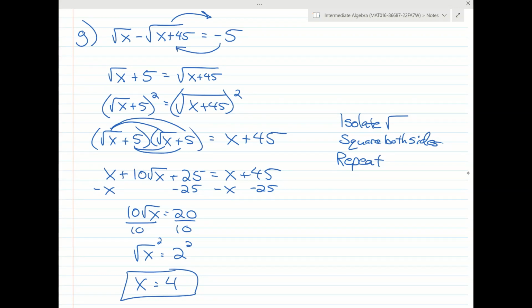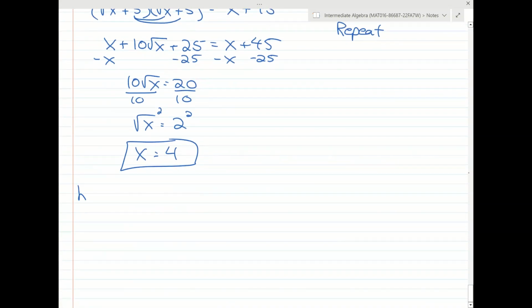Two more to wrap up. If we had the square root of x minus 12 minus the square root of x is equal to negative 2, we want to get the hardest radical by itself.